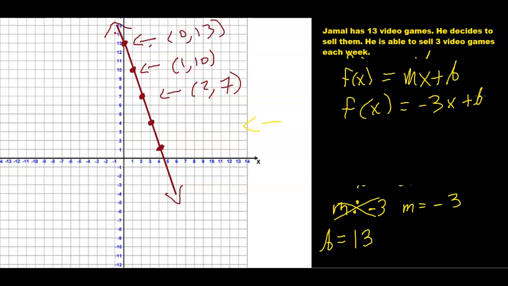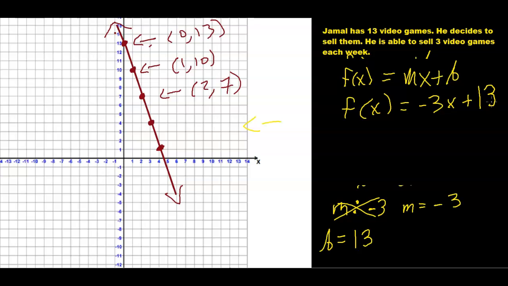Because the rate of change is negative, because his number of video games is decreasing each week, right? Whoops, I miswrote that. I didn't want to write b, I want to write the number, which we know to be b. We know that b is equal to 13. So our function is going to be f of x equals -3x plus 13.